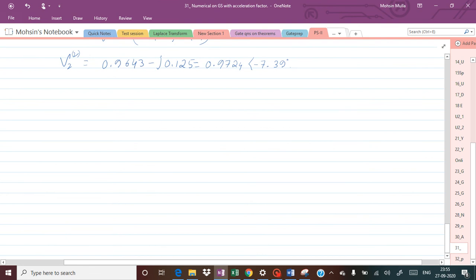For that, first let us find the difference del V2 of 2. So del V2 of 2 will be equal to V2 of 2 minus V2 of 1. V2 of 2, whatever we have written here, minus V2 of 1, already we have calculated.